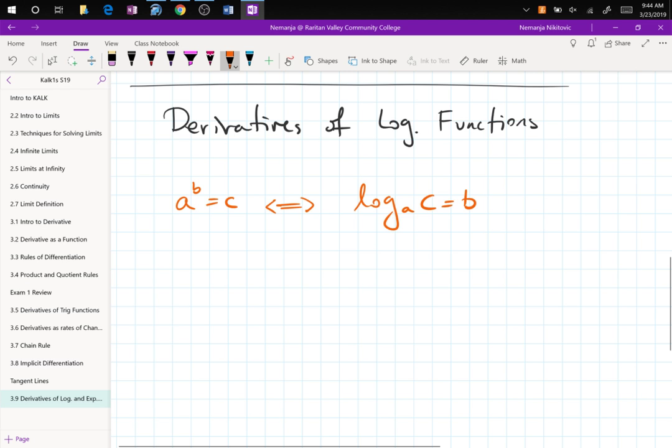So that's the conversion. And we all understand that log base e of x is ln x. So ln x is just a lazy notation for log with a base e.